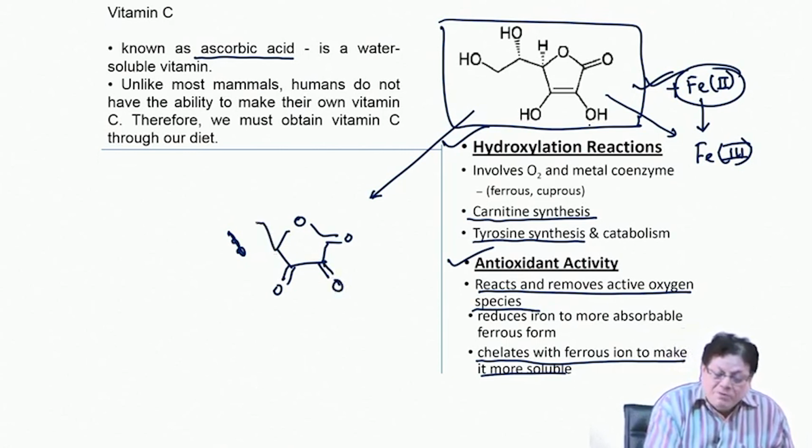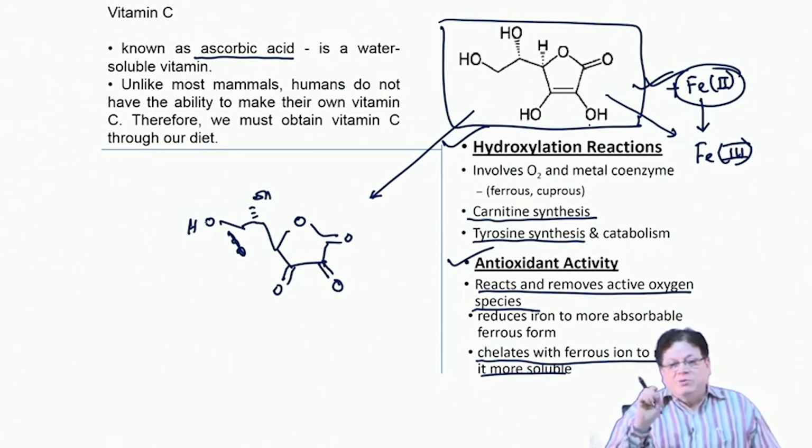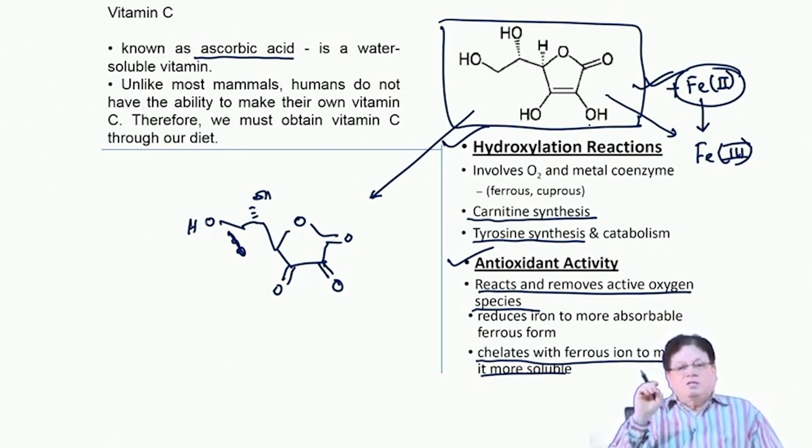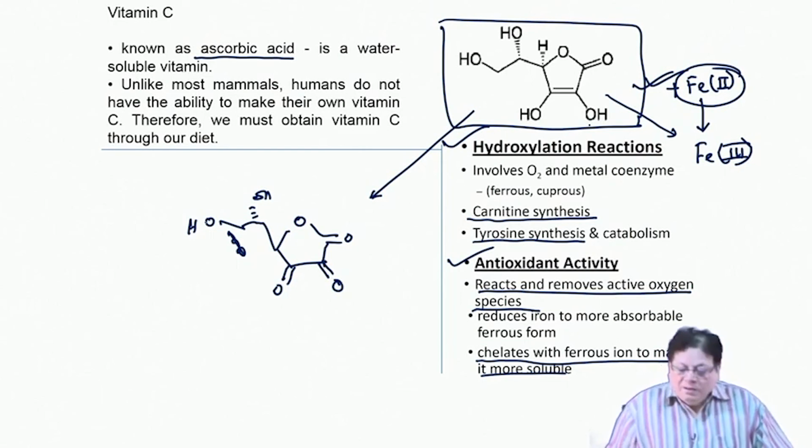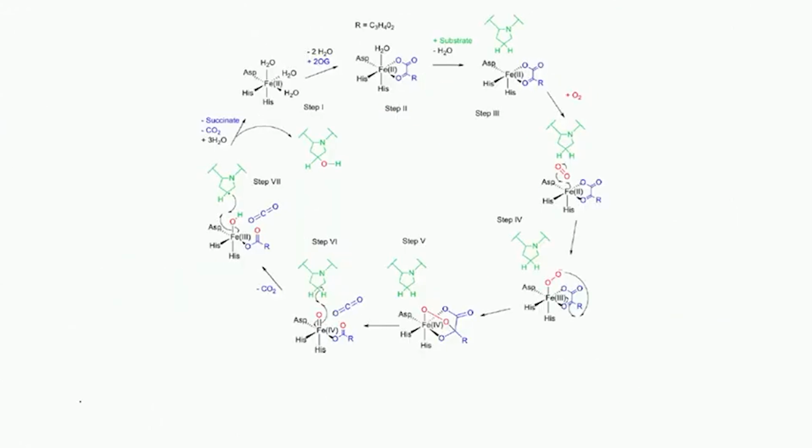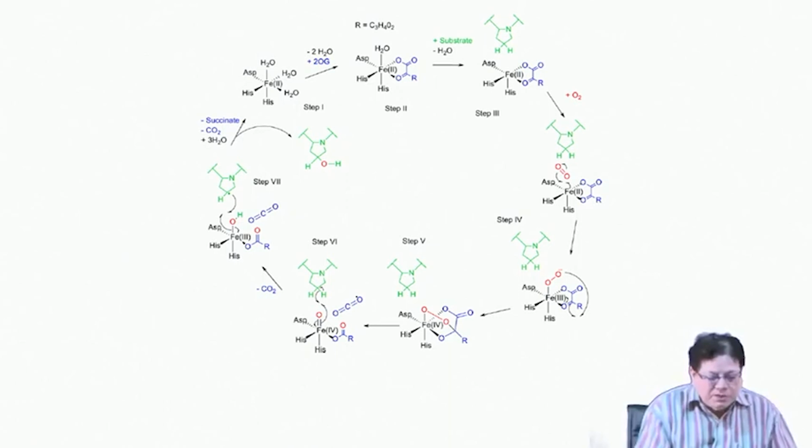That is the oxidized form of ascorbic acid. So, ascorbic acid's duty is to keep the iron in the +2 oxidation state. We are discussing the mechanism of this hydroxylation of proline to form 4-hydroxyproline. The ascorbic acid is acting as an antioxidant. Its role is to keep the iron in the +2 state.